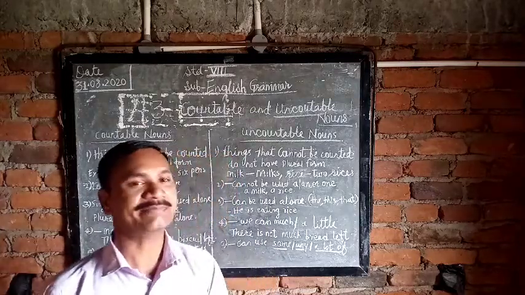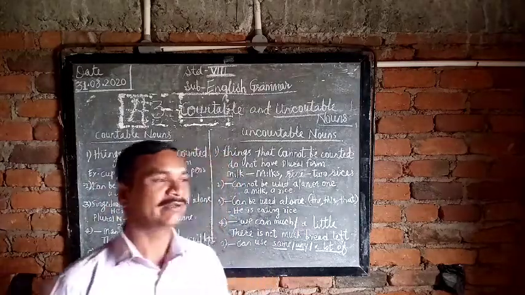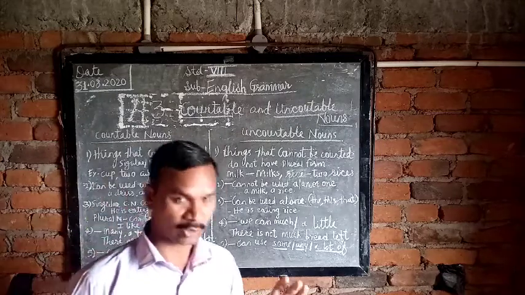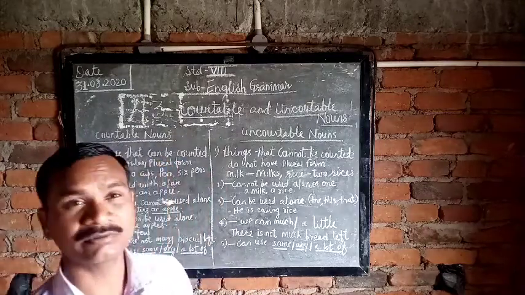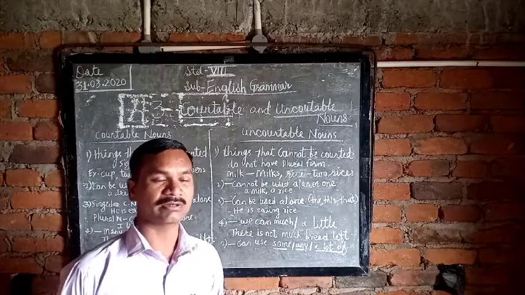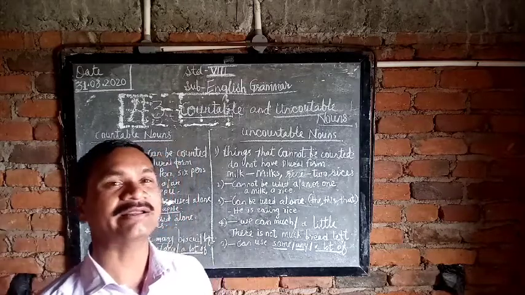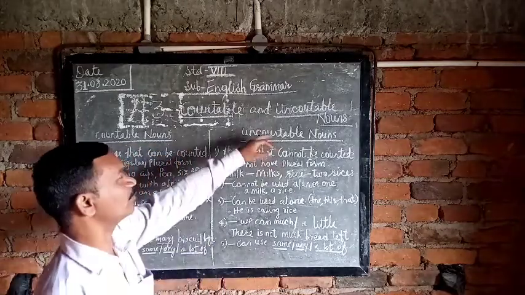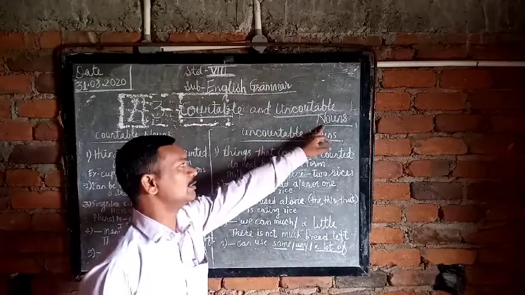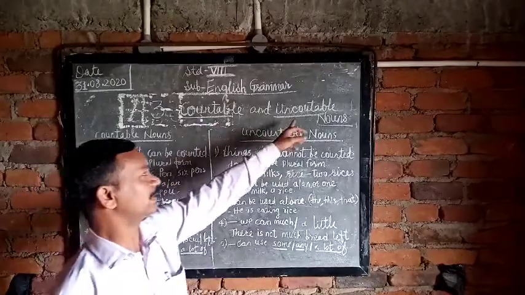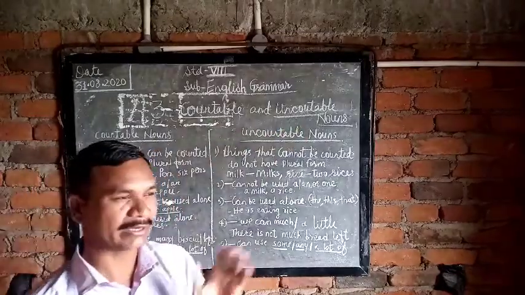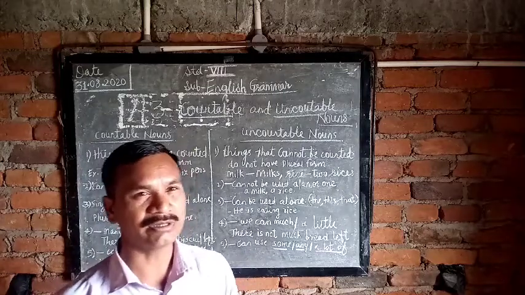This is the classification: common noun, proper noun, abstract noun, and collective noun. These are the four types of noun. Before starting the lesson, we have to understand the classification of the nouns.